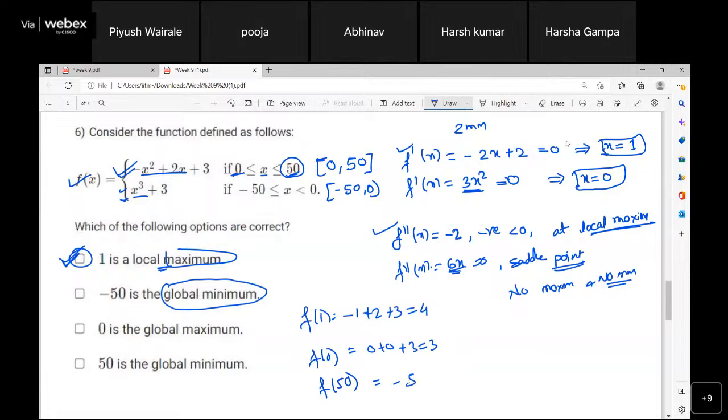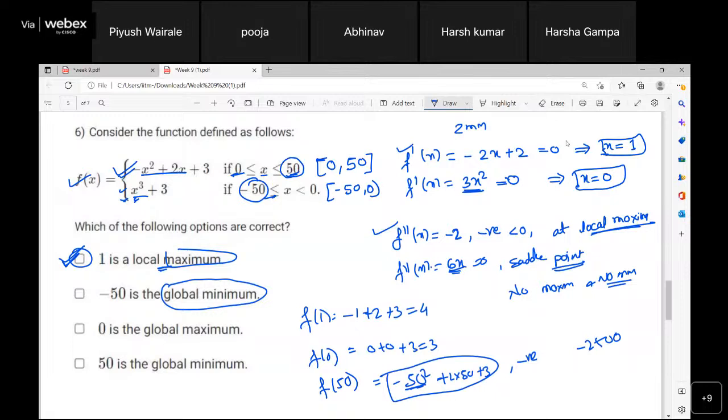So that is -50 square plus 2 into 50 plus 3. I don't need to calculate the value because -50 square will be minus 2500, right? So it is a huge negative number. So the whole term will be negative only, right? It is less than 4 and 3 already. So I don't need to find out the value, but I can see it is clearly less than this particular thing. Okay, now check for this point also, that is -50 here.